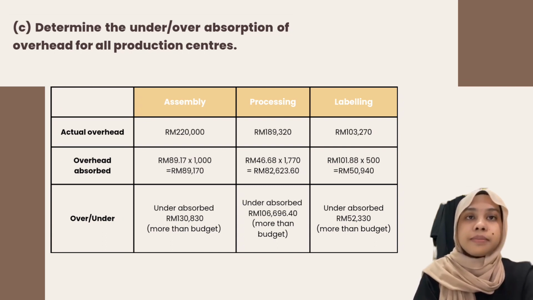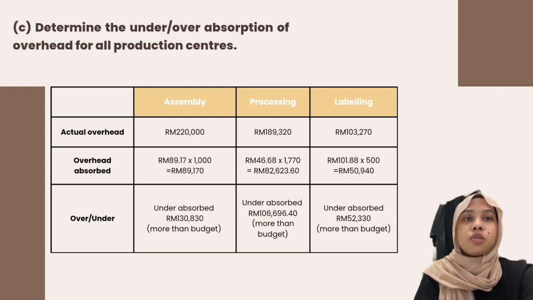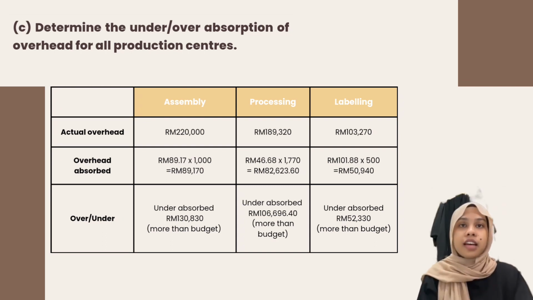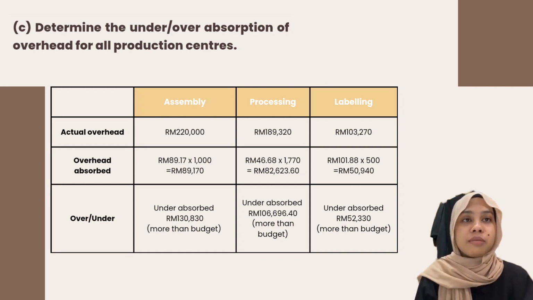For labeling, we use direct labor hours, so we will get 50,940 ringgit. Lastly, to identify whether each production center is over or under, we subtract the overhead absorbed from the actual overhead. Thus, each production center is under absorbed because the actual is more than the budget.